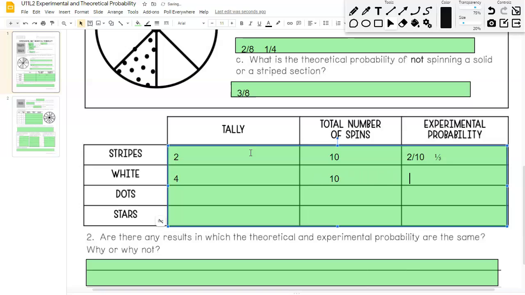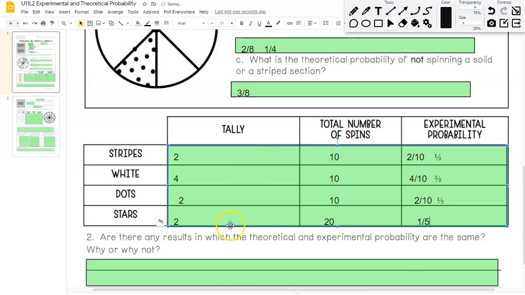So that was 4 out of 10, which is 2 out of 5. Okay, then dots. I had 2 dots out of 10 spins. So that's 2 divided by 10, and that's 1/5. Finally, stars. I had 2 out of 10, and I had thus 1/5.